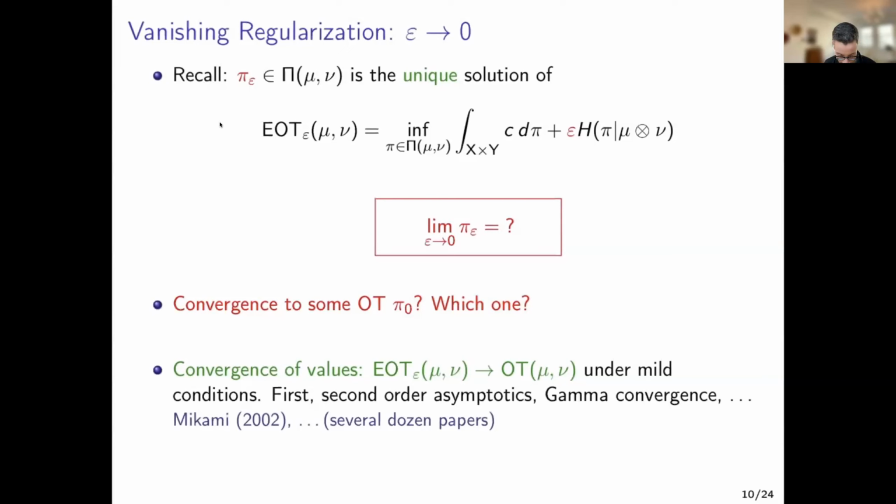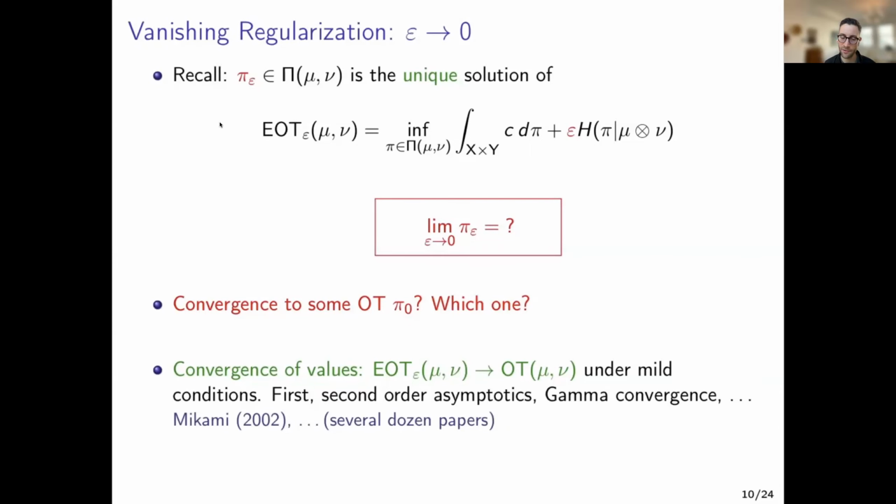I want to just contrast this with another convergence that you can ask. Mainly, you can ask about the convergence of the left-hand side, which is a number, the optimal cost. The convergence of this number to the optimal transport cost is quite well studied, and there are many more papers than would fit on this slide. Essentially, the convergence would hold under minimal assumptions on the cost, and there is much more precise information about the rate.